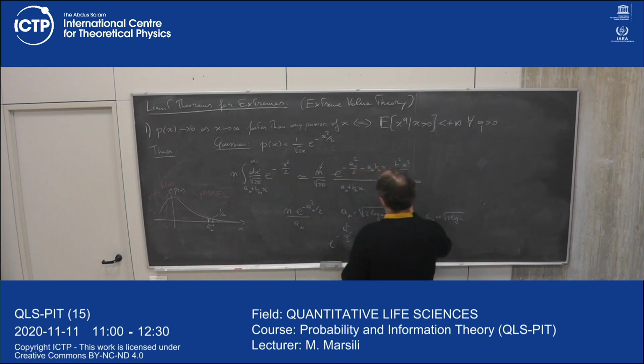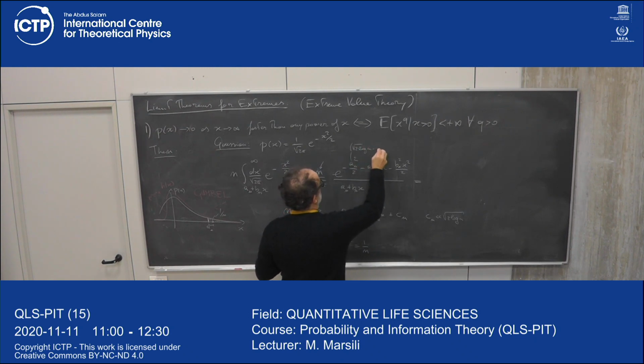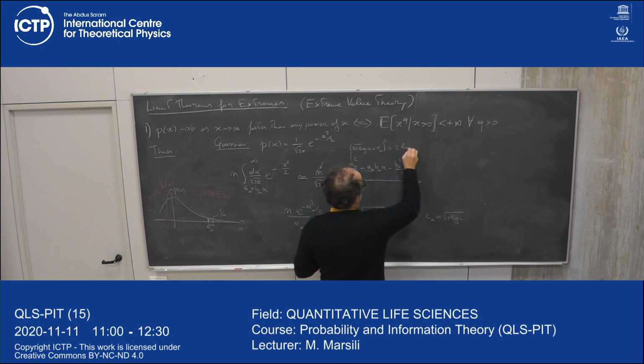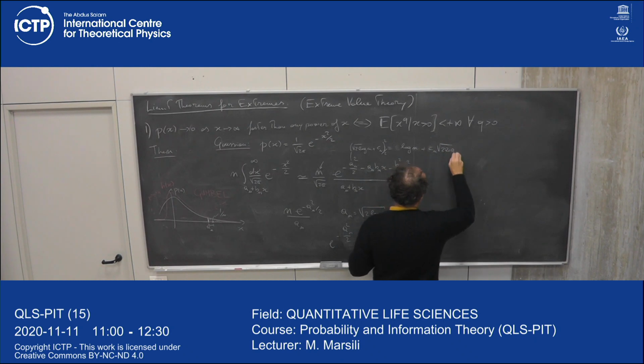So then here I can substitute square root 2 log n plus Cn, squared, which is 2 log n, so divided by 2 is log n, plus Cn times square root of 2 log n plus Cn squared.